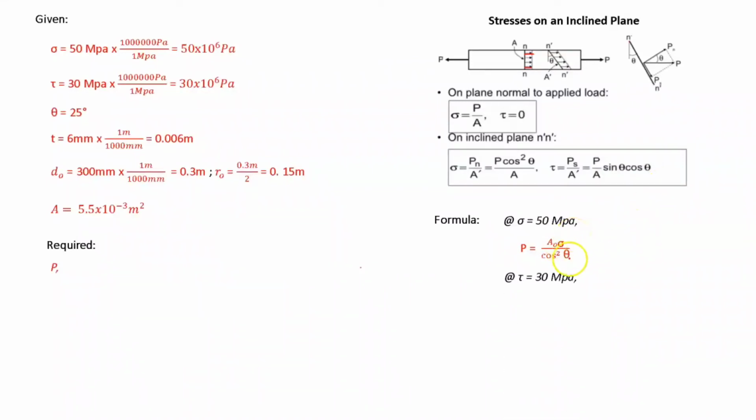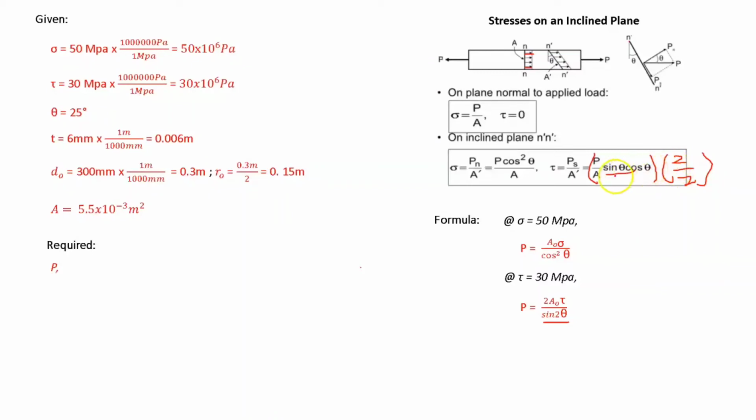Same goes with the shear stress on an inclined plane. We isolate P. But you can see the formula has sine 2 theta, while here it is sine theta cos theta. For this problem, we can multiply it by 2 over 2, which is also equal to 1, so it does not violate anything.